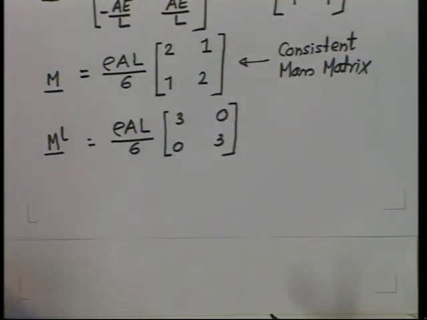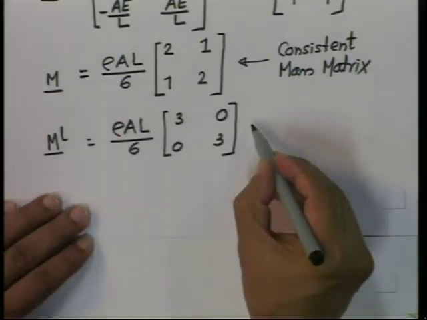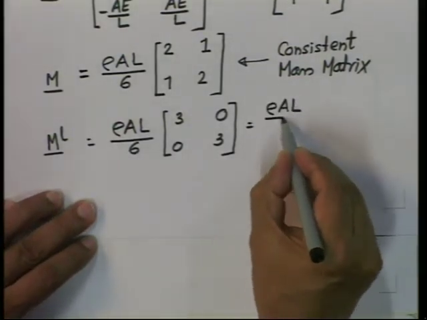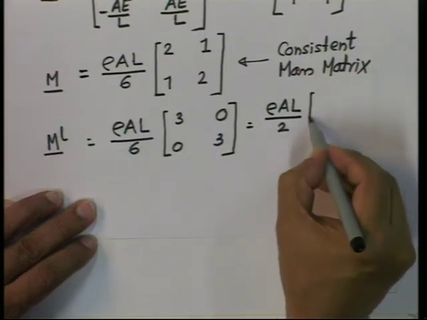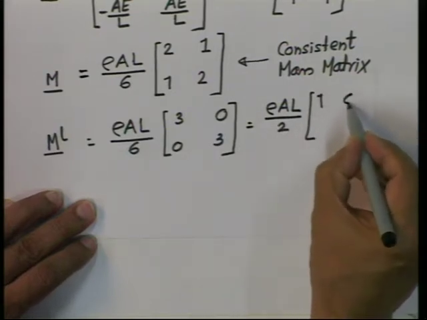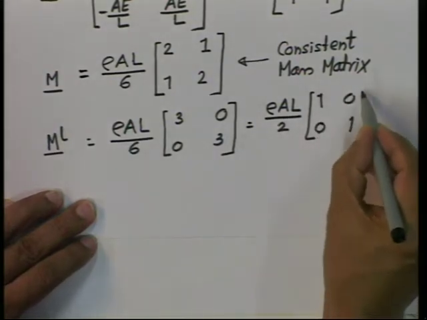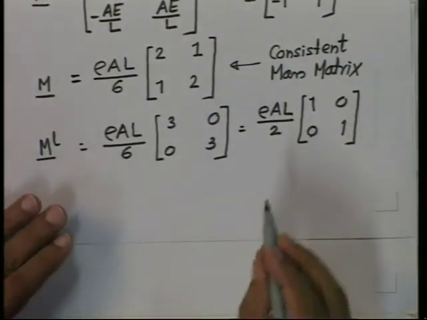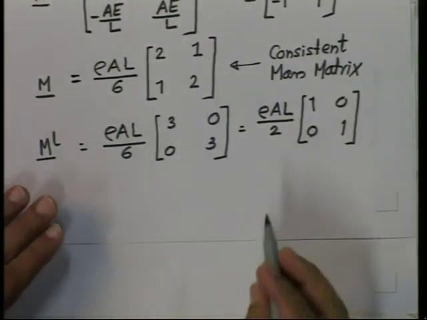It will be rho A L. Now, here you can give a physical meaning, rho A L by 2 times 1 0 0 1. You can see what rho A L by 2 is. Rho A L, the area of cross section times length of the rod multiplied by mass density, is the total mass.